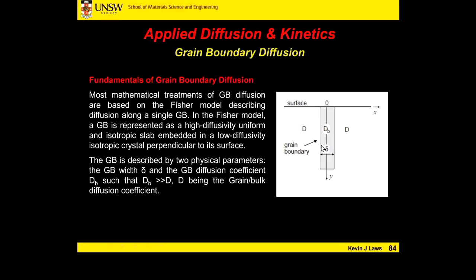If we've got a very, very small atom that doesn't fit in the lattice very well, it's going to migrate to the grain boundary because there are more gaps and spaces for it to sit in. So a lot of our impurities will end up at grain boundaries for this reason. And then, once they're in the grain boundary, they're free to move up and down and round and round our material in the grain boundaries more freely.